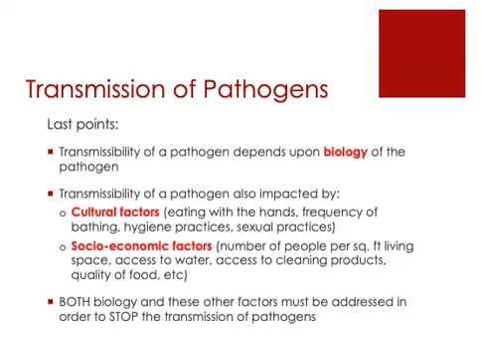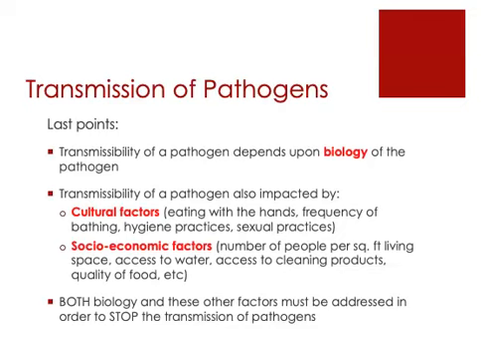There are also, unfortunately, socioeconomic factors involved. The number of people who are living in a particular home, for example. There are instances where there are a whole lot of members of one family who live in a relatively small apartment in a relatively low number of square feet.